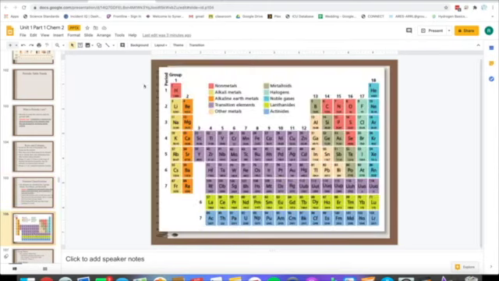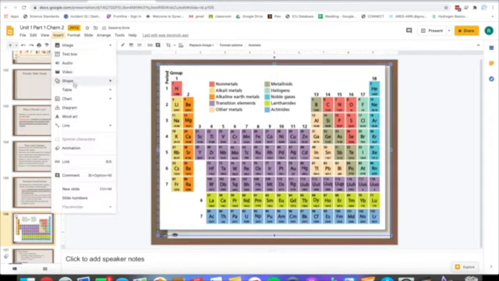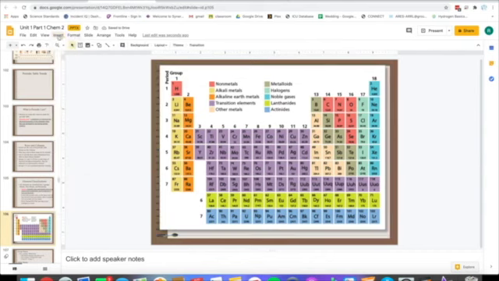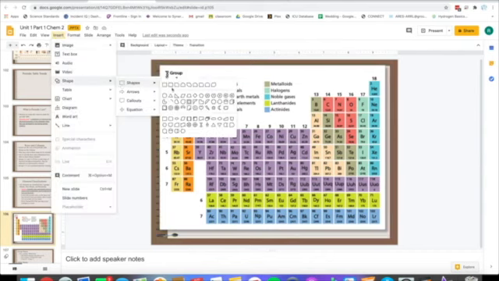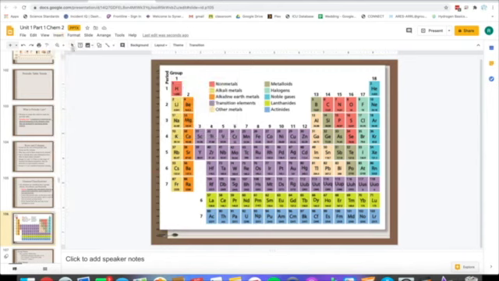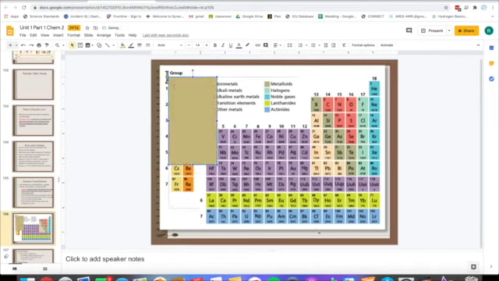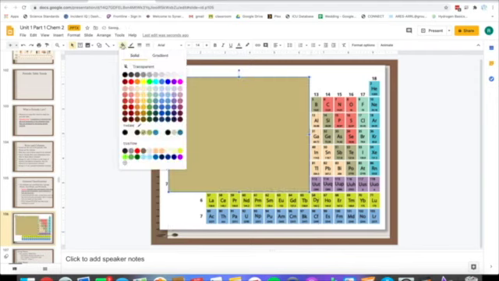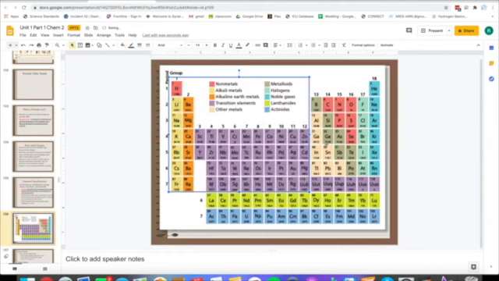Okay, if you look at the periodic table, your metals, let's insert. Is everything from here over, plus what's in this staircase right here.